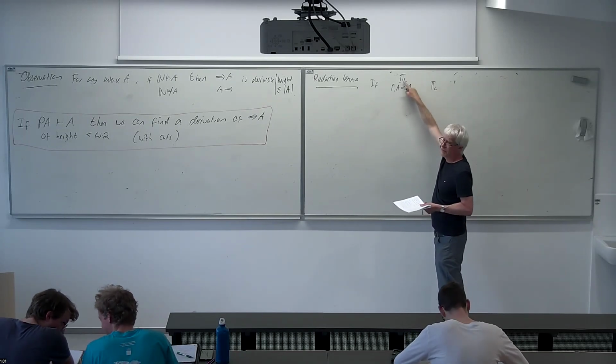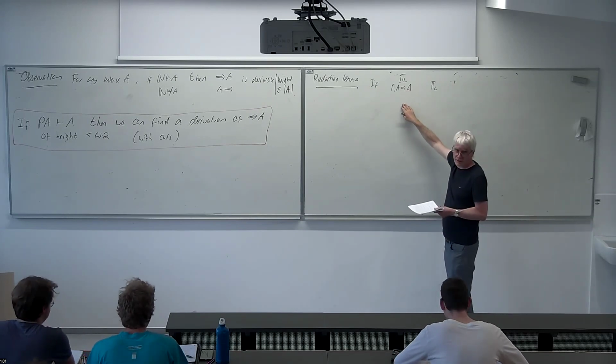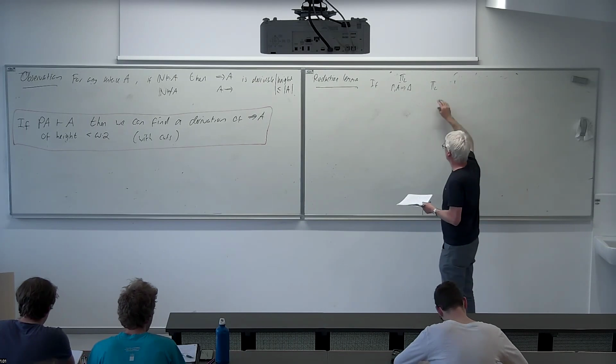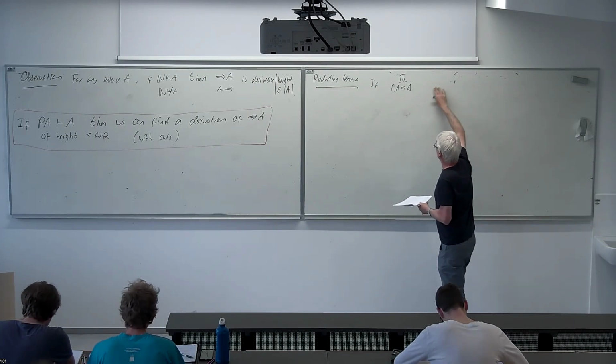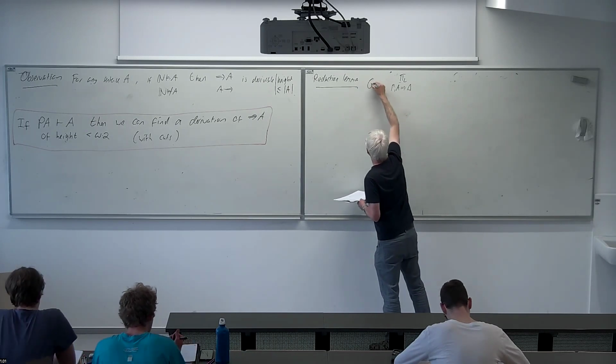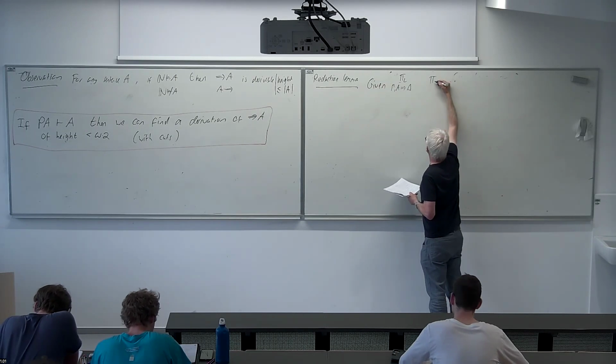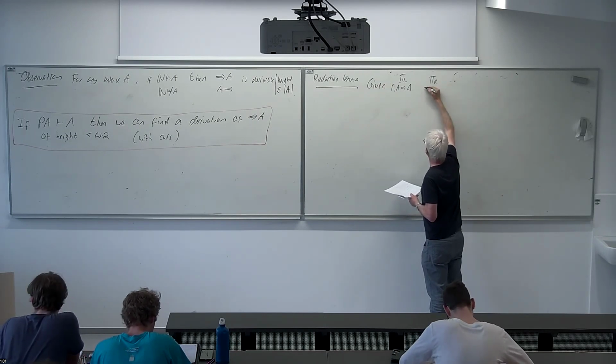It is a name for the whole derivation, including the concluding sequent. And that was important in the definition of the height of a proof. So let's put it like this: given proofs of things that look like a cut, things that look like we could apply a cut.